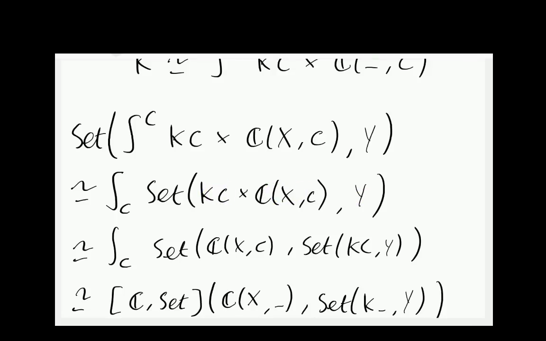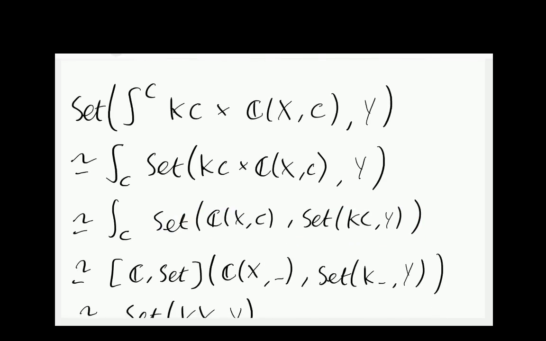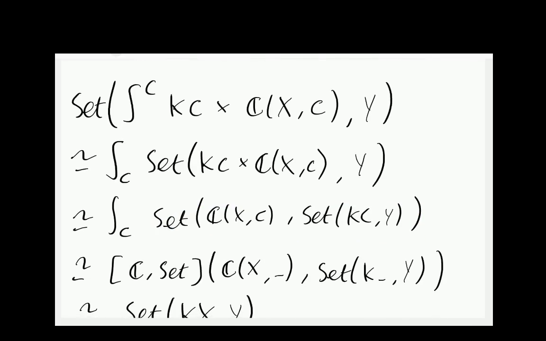So we can apply currying, and we can say, well, this is the set of functions from this set here to the set of functions from this set here to this set here. So just applying currying lets us change it into this. And then what we have here is, well, if we think of our set of natural transformations from this functor here to this functor here, if we write that as an end, it looks just like this.